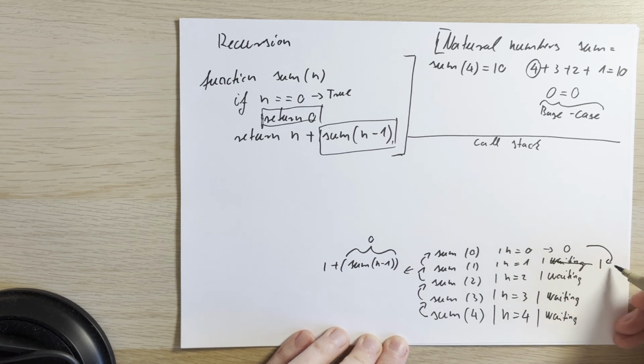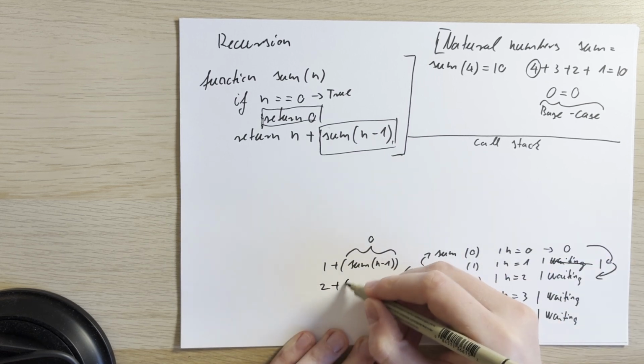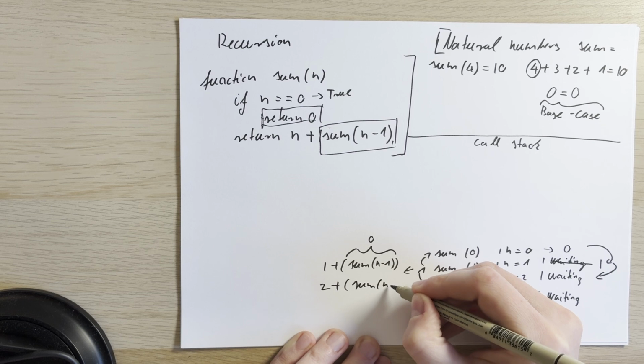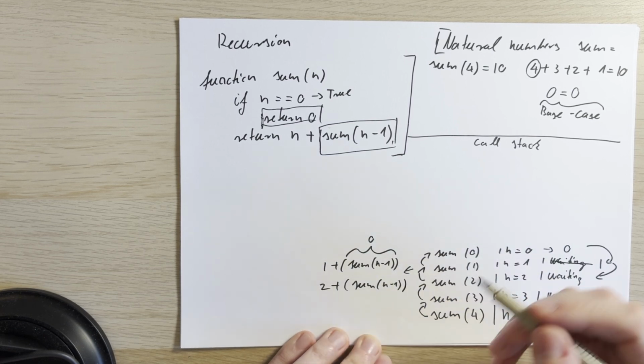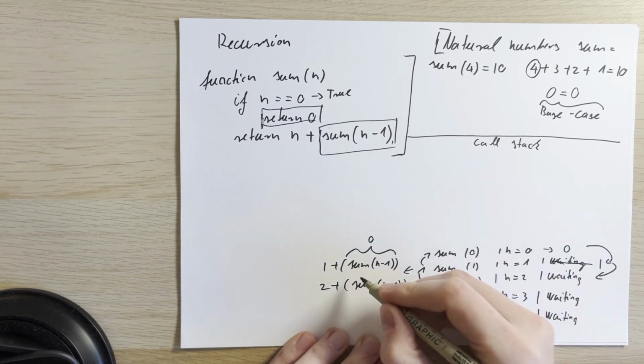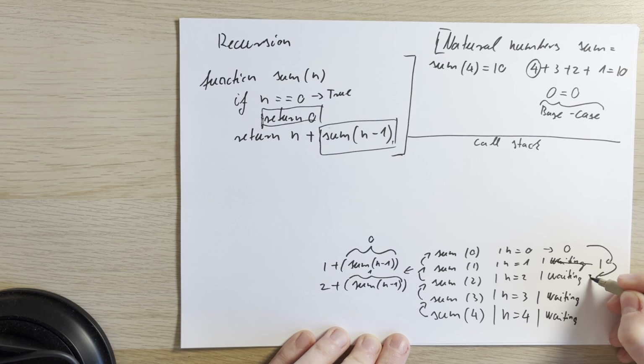The same thing happens with sum 2. We knew that it was 2 plus sum of n minus 1, and it wanted to know what that was in order to finish the function and have a return value. Now we know that is going to be 1. 2 plus 1 evaluates to 3.